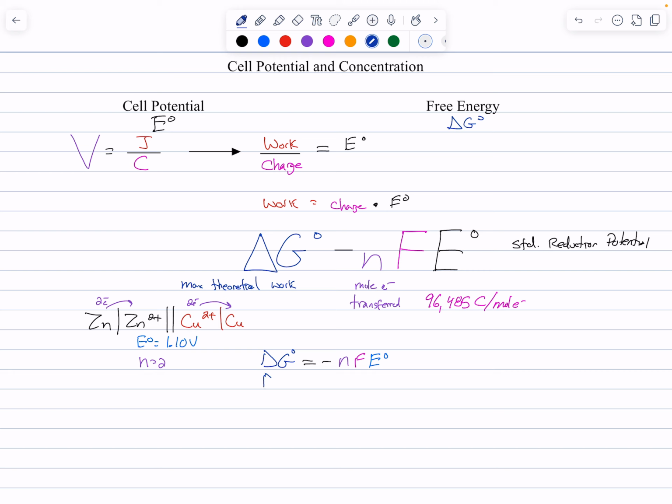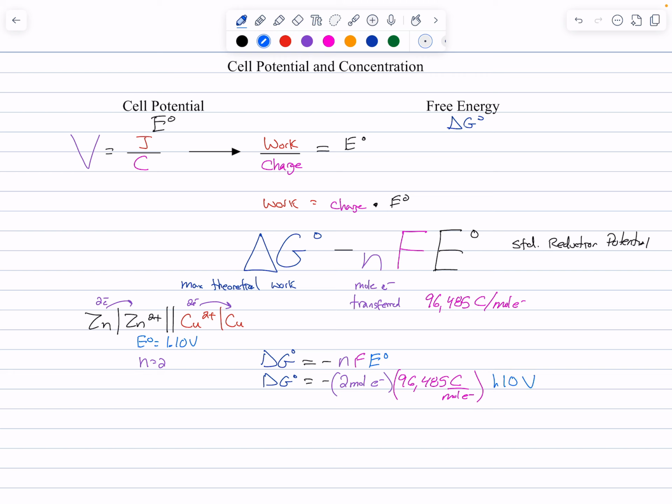So delta G standard equals negative 2 moles of electrons times 96,485 coulombs per mole of electrons, times 1.10 volts.